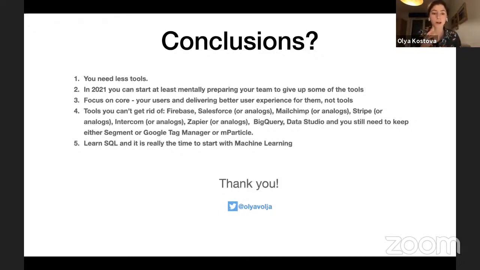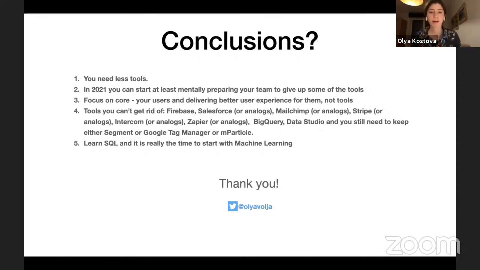And although I was presenting it so that Firebase is at the bottom, and it almost replaces Segment or Google Tag Manager, it not exactly does it, and you still need one of those, either Segment or Google Tag Manager, to distribute the data to other tools that are not part of the Google infrastructure.